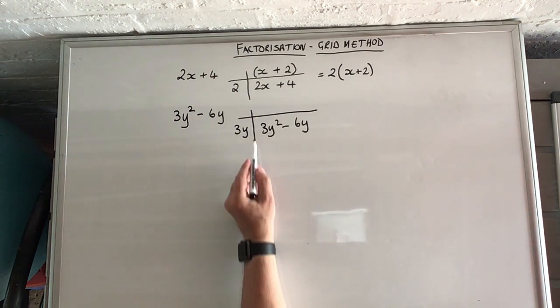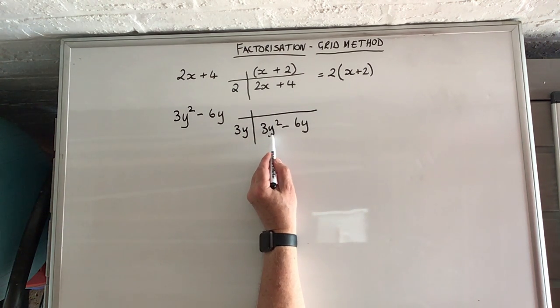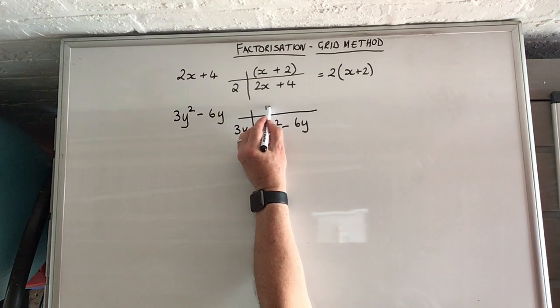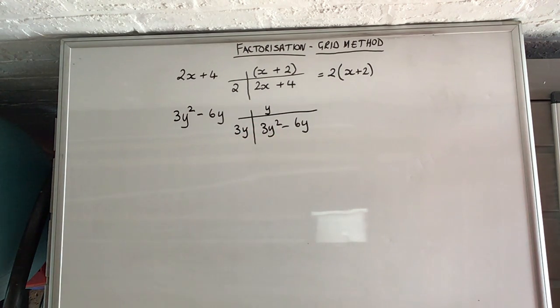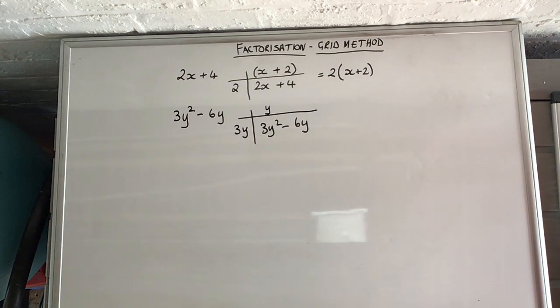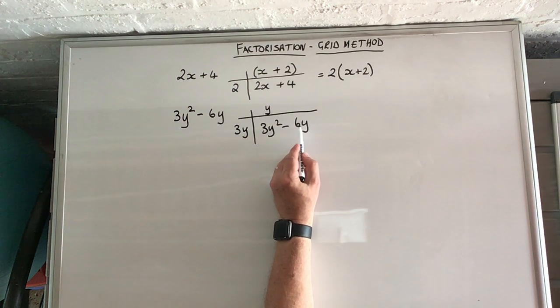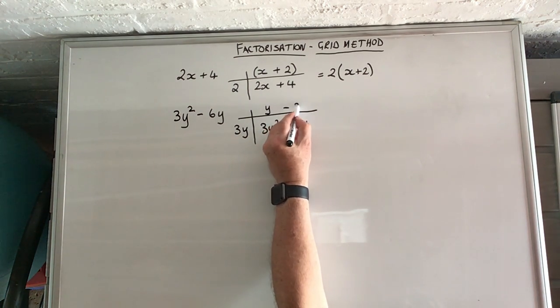Next step, 3y multiplied by something must give me 3y squared, and that's y. 3y times y gives me 3y squared. Next bit, 3y multiplied by something must give me minus 6y. That's minus 2.